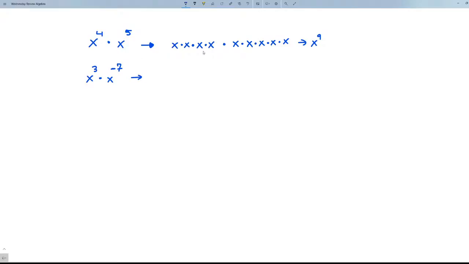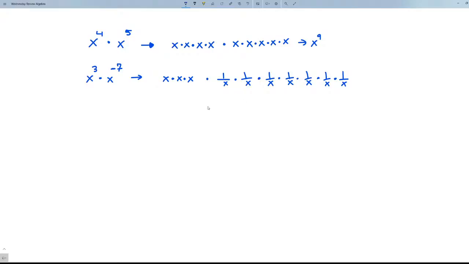Well, I'll go ahead and write it out. Might as well. So we get x times x times x, and x to the negative 7th. That's like multiplying 1 over x times 1 over x times 1 over x times 1 over x times 1 over x, 1, 2, 3, 4, 5, 6, 7.